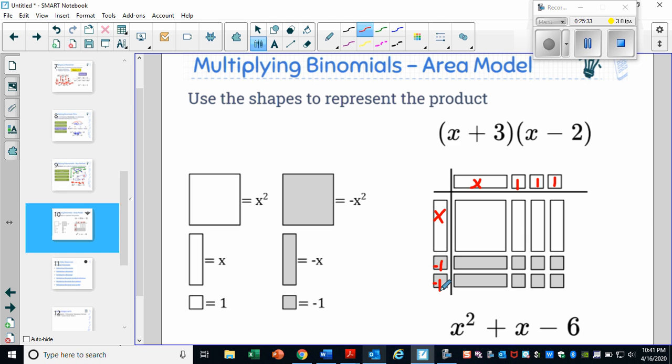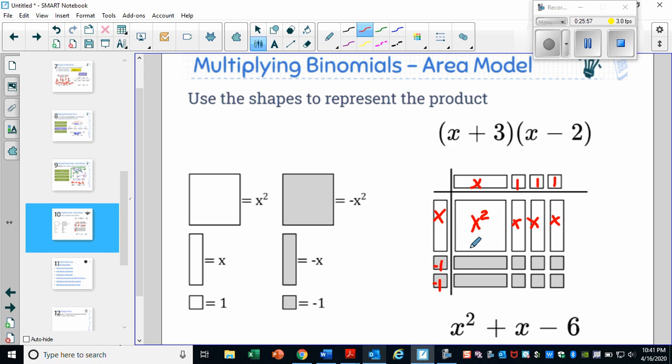And then similar to before, multiply. So x times x, there's x squared. X times 1, x. X times another one, another x. X times one, another one, another x.